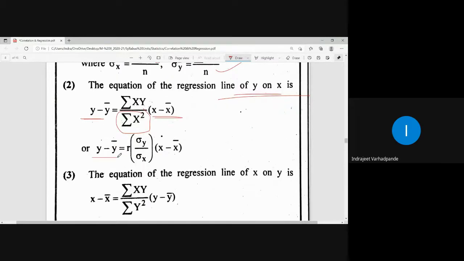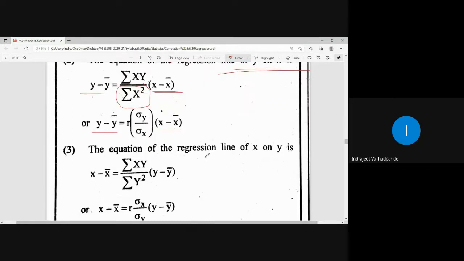y minus y bar in other terms can also be written as r into sigma y upon sigma x multiplied by x minus x bar. The equation of regression line x on y: x minus x bar is summation xy upon summation y square into y minus y bar.